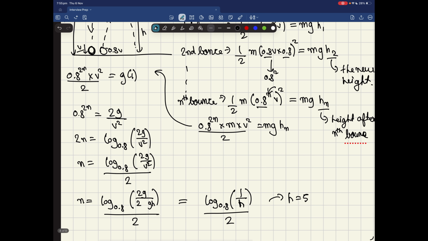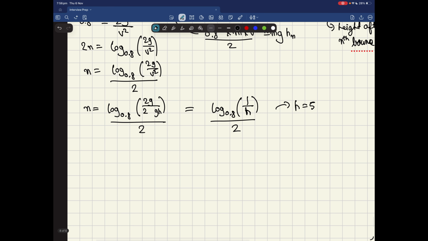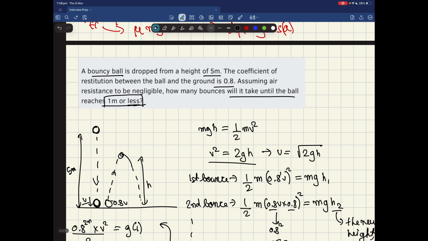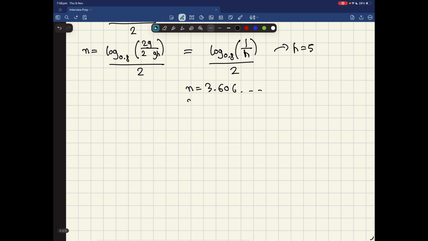Yeah, no. So n would equal 3.606 something. Now obviously we can't have a decimal number of bounces, and we're told that we need to find a height of 1 meter or less. So we just round this up and say at n equals 4, the height would be less than 1 meter. So this is our final answer.